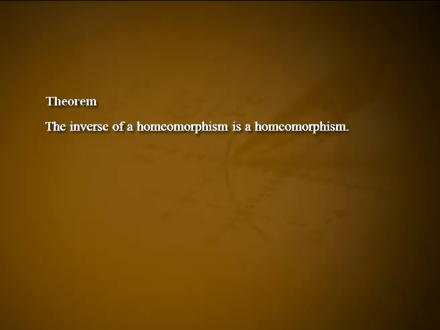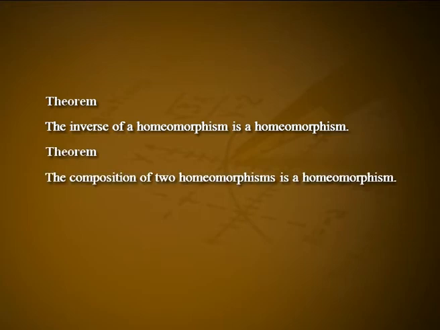4. A metric space homeomorphic to a discrete metric space is sometimes called a discrete space even if its metric is different from that of the discrete metric space. Theorem: the inverse of a homeomorphism is a homeomorphism. Theorem: the composition of two homeomorphisms is a homeomorphism.